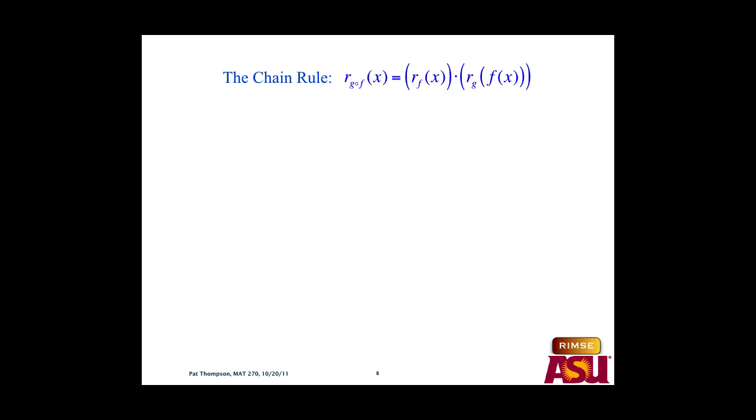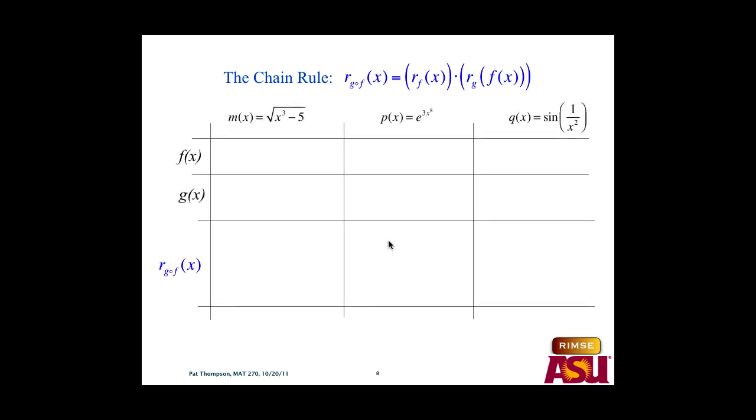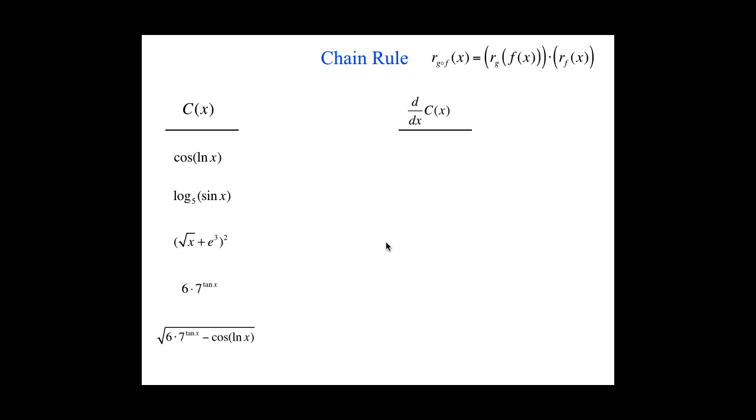So let's look at a couple more examples. I've got a composite function, or several composite functions, on the left here. They all involve an inner function and an outer function. The last one has a big mess. So start at the top.